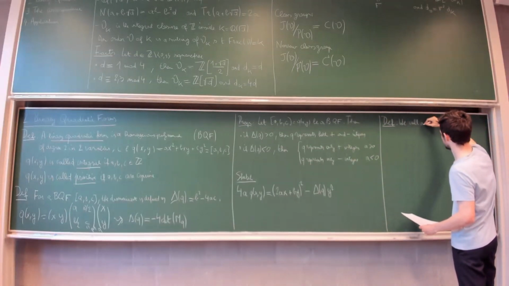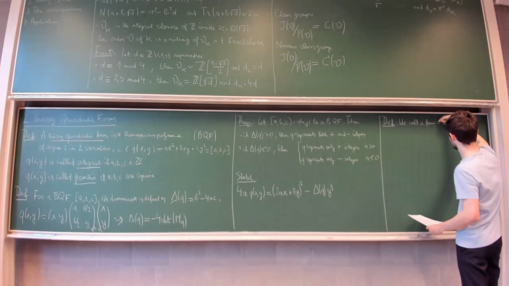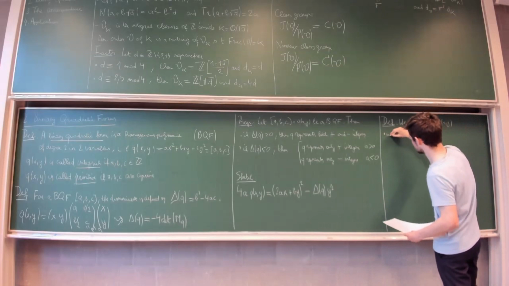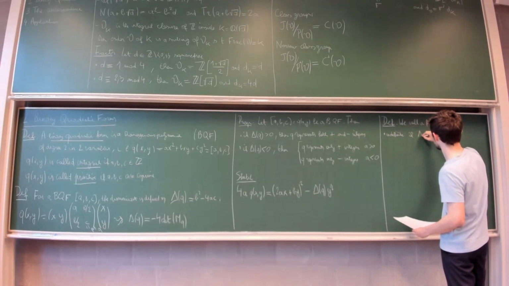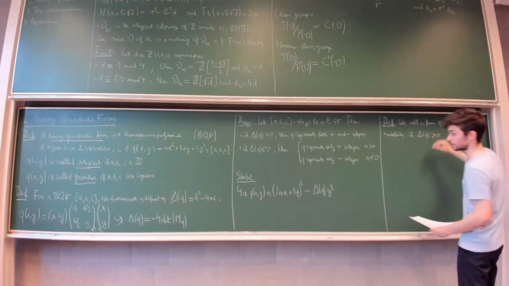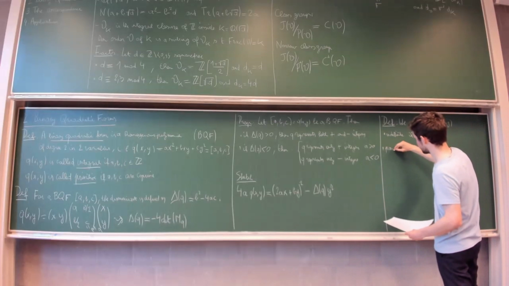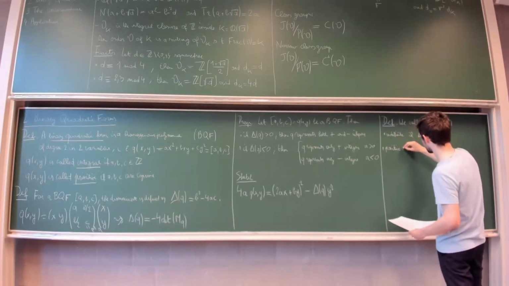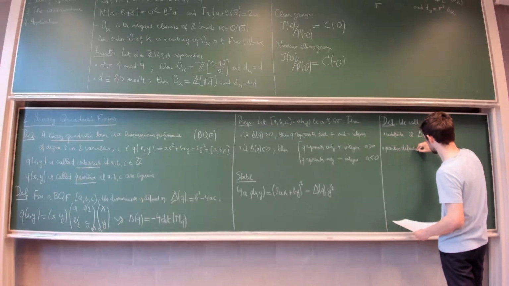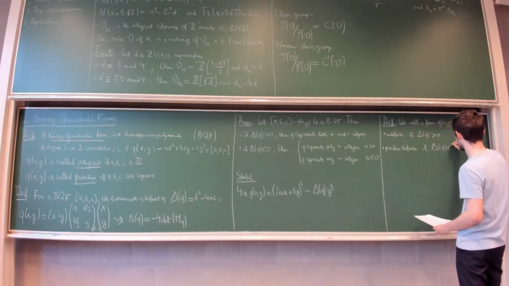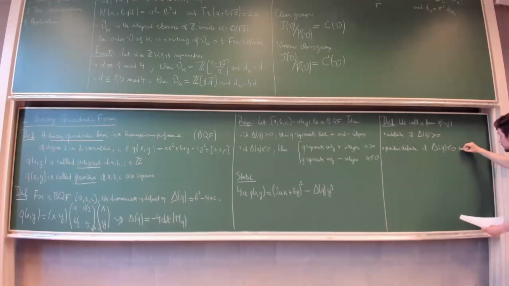We call a form indefinite if the discriminant is bigger than 0, so the first case. We call it positive definite if the discriminant is smaller than 0, but A is bigger than 0.